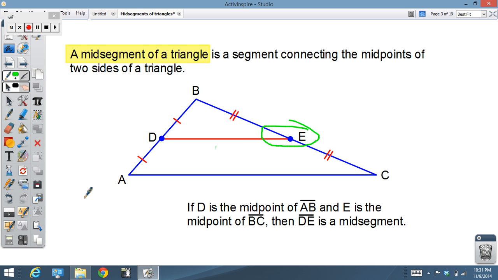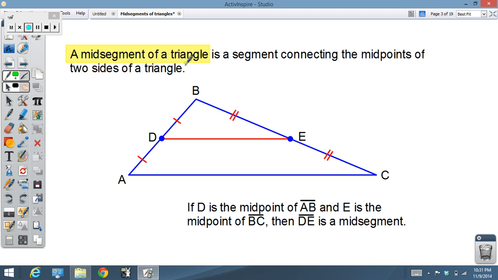On this other side, E is the midpoint of side BC. It divides BC into its two congruent halves, BE and EC.